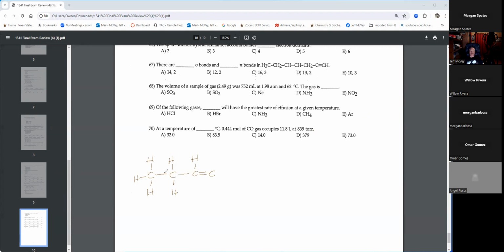So that means we can only put 2 more bonds on this carbon. So it's bound to be a CH. So we'll just throw that up here. And then here's our 4th bond. It's going to another carbon. And that's going to be a methyl group.